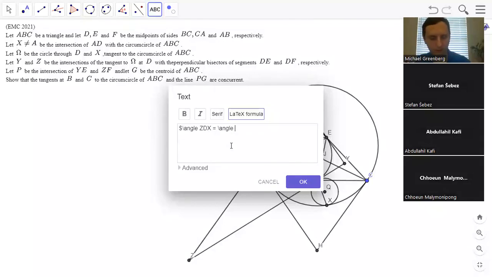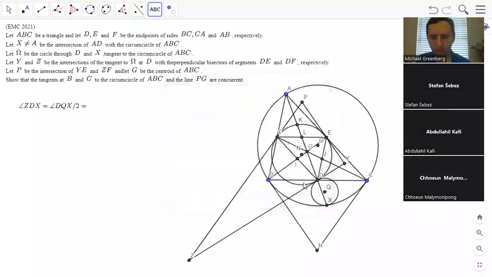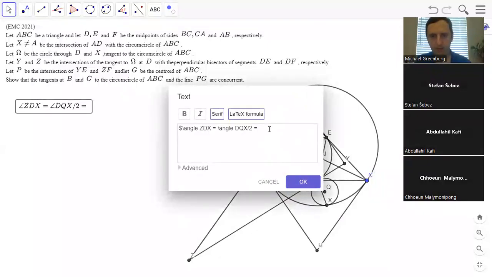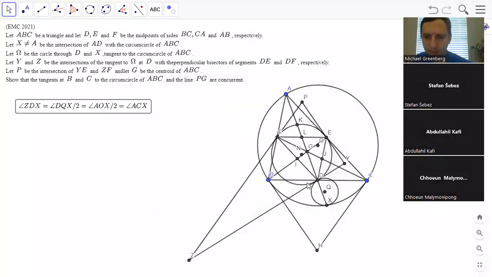Okay. All right. PQX over 2, which is equal to angle AOX over 2, which is equal to angle ACX. And so that implies that these circles are tangent.